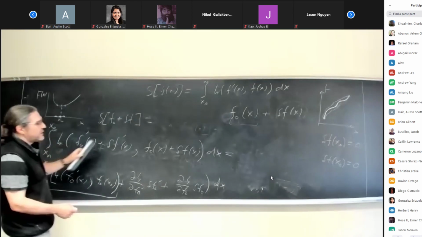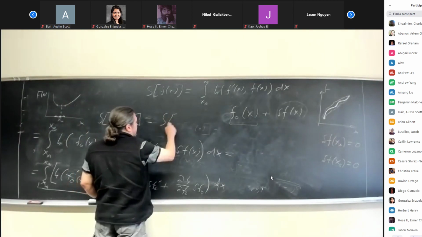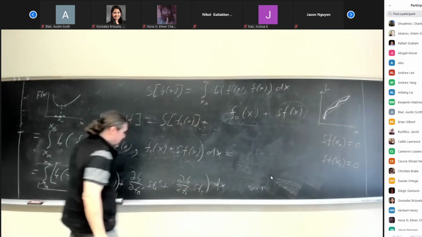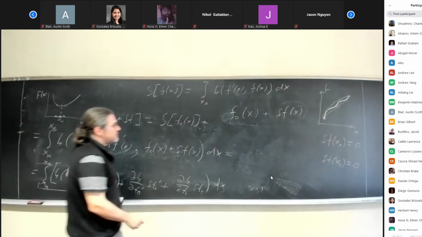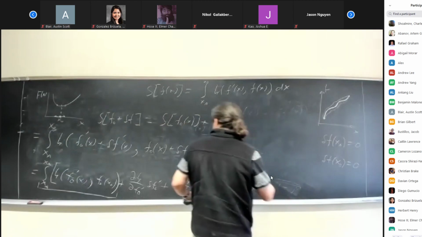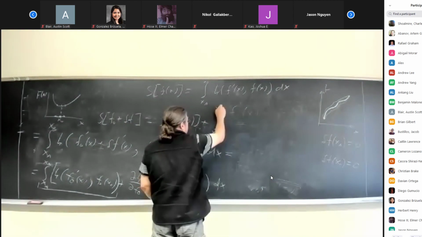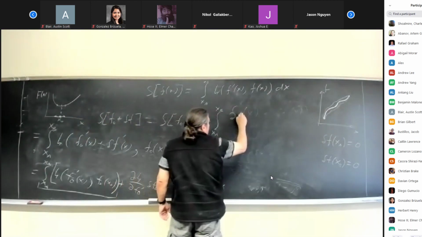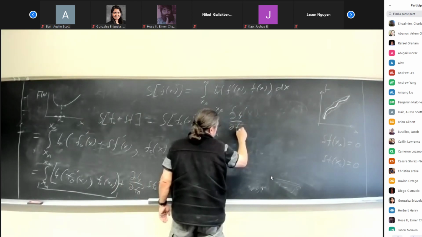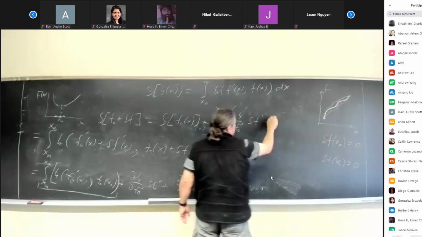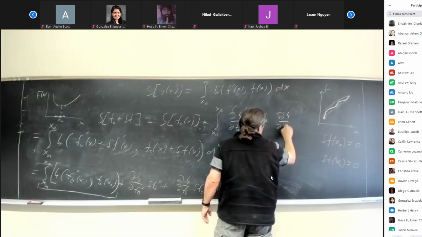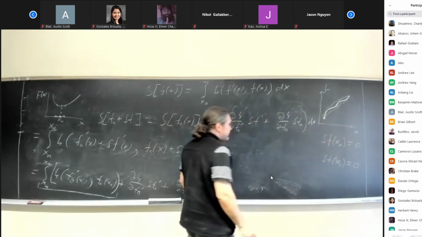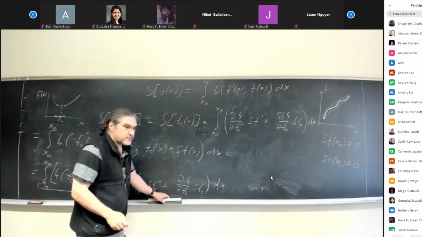So what I then have is that it equals S, the value of the functional of the function f naught, plus whatever is staying here: the integral from xa to xb of dL over df naught prime delta f prime plus dL over df naught delta f naught, dx. Okay? Does that make sense?